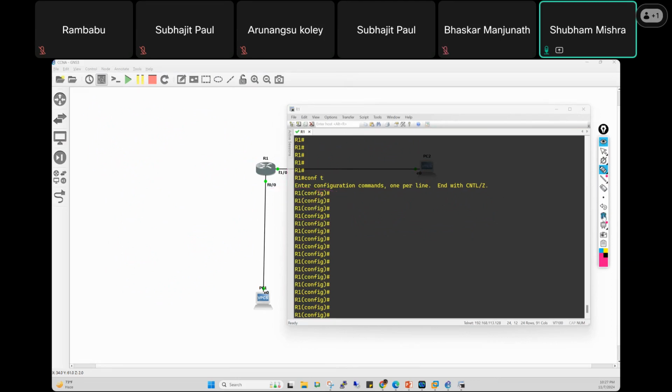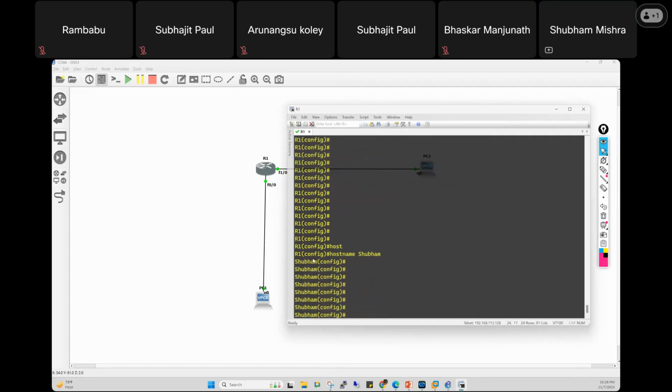So that is the use of global configuration mode. Again, in global configuration mode, we do the actual configuration of the router that will be implemented globally. For example, see here, what is the name of this router right now? R1. I am changing the name. Hostname, I am writing Shubham.